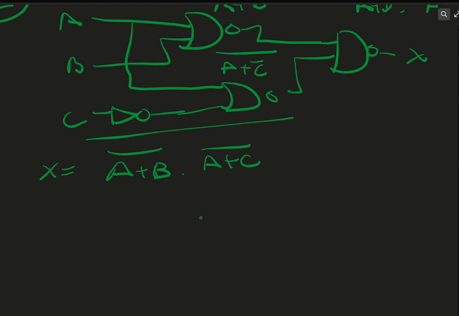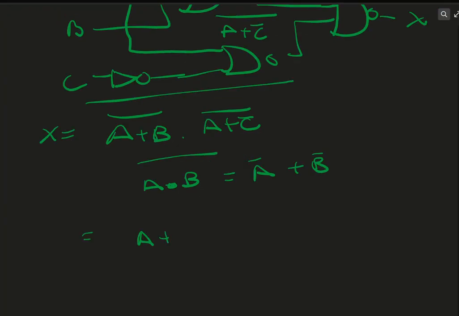So as we know from De Morgan's law, A into B bar equals A bar plus B bar. We are going to do the same here: A plus B bar plus A plus C bar.